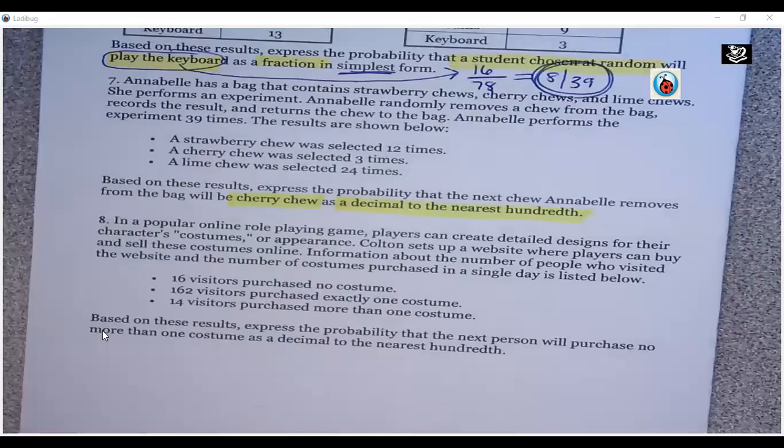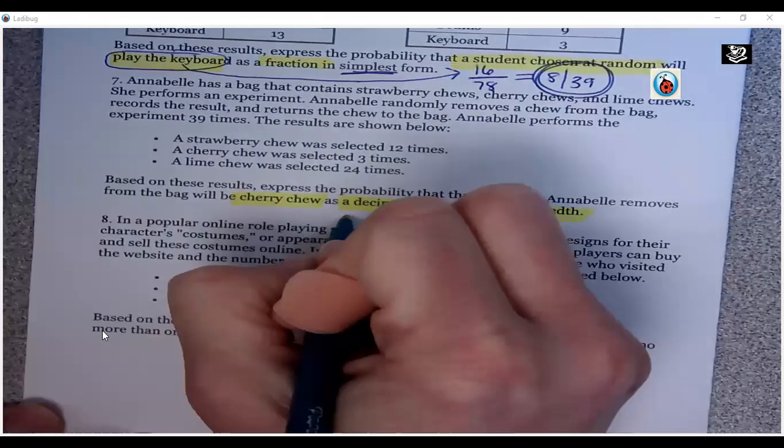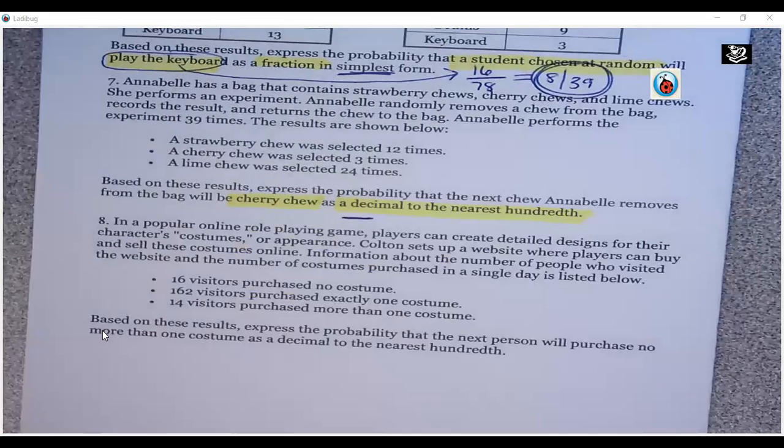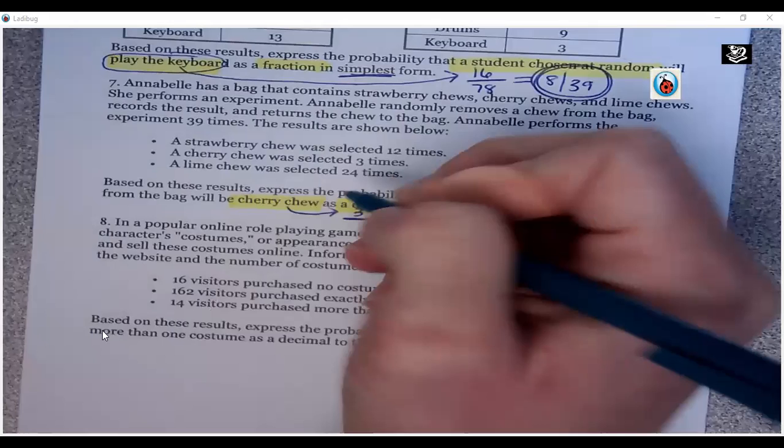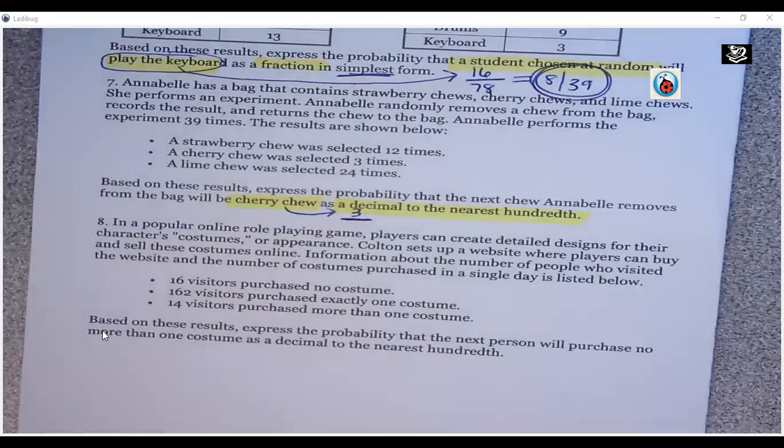Okay, let's see who's up. Lizbeth, you're up. What do you think my top number is going to be on this one? 3 because it has to be for the cherry chew. Very good. And Brendan Hooper, what do you think my bottom number is going to be?